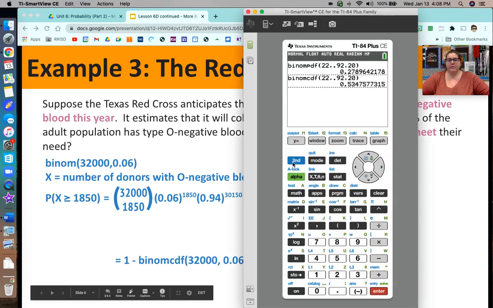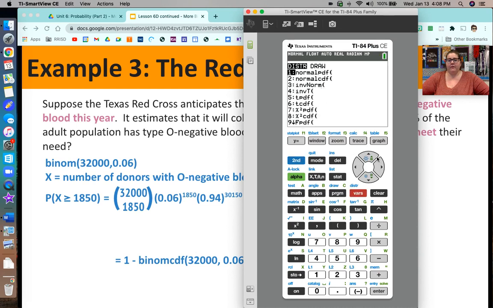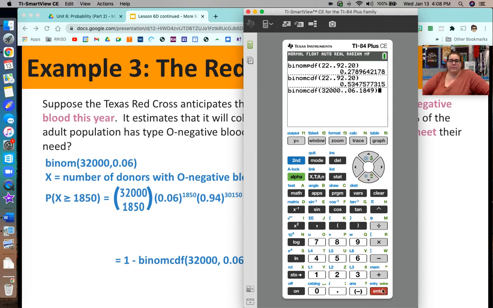So again, binom CDF, right? 32,000 is my number of trials, 0.06 is my probability of success of having O negative blood, and 1,849. Using binom CDF will give me the probability that they have 1,849 or fewer O negative blood, which is 0.0479.